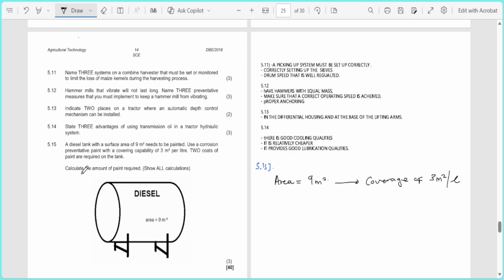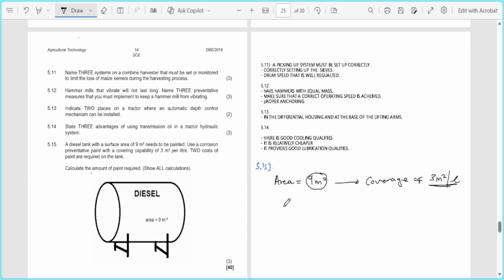Now remember, we want to find how much of the paint is required to do the job. Keep in mind how big is the area. It's 9, right? But the paint that we're going to use has a coverage of 3 square meters per liter.